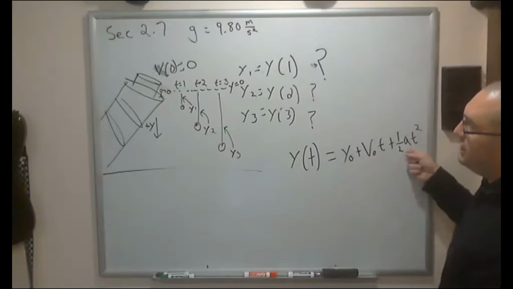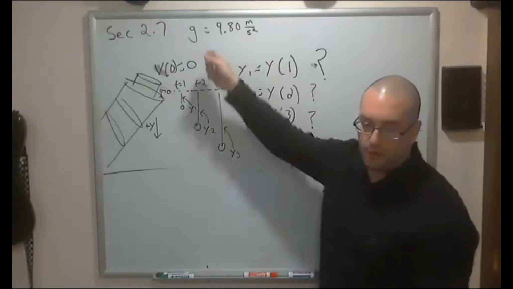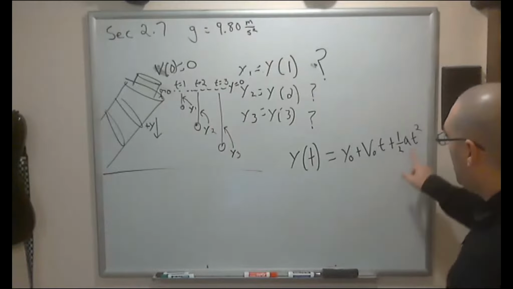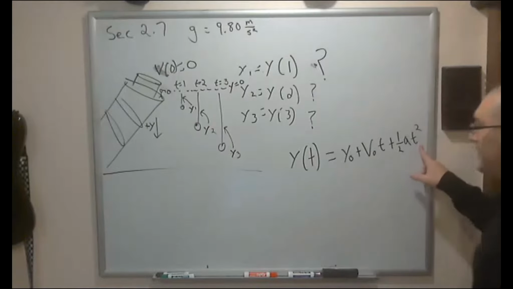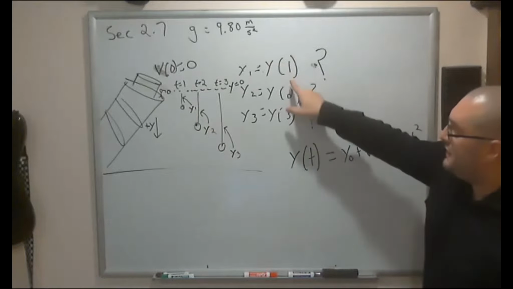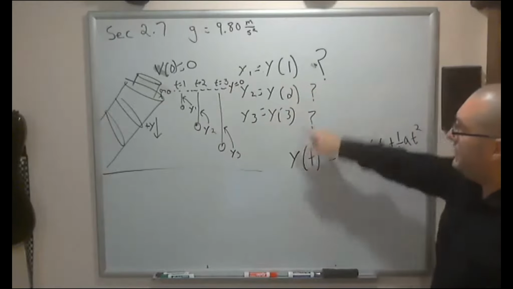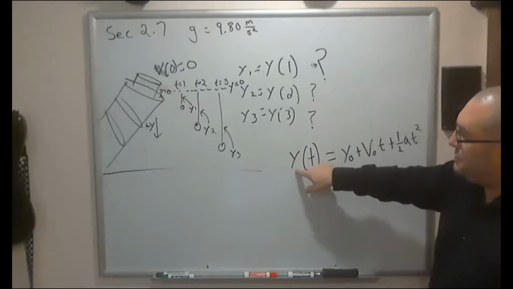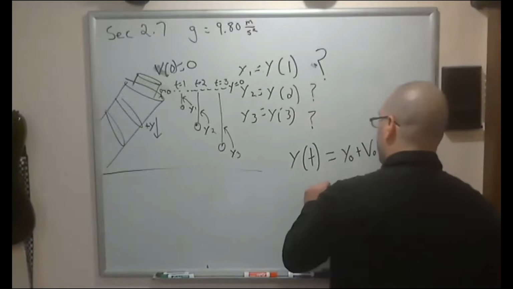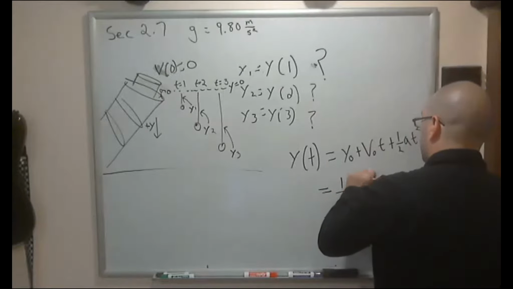And a, the acceleration, which in this problem is g, of course. We're also given the time at which we want to calculate the distance, so we know t. So we only have one unknown, and we end up with this formula.